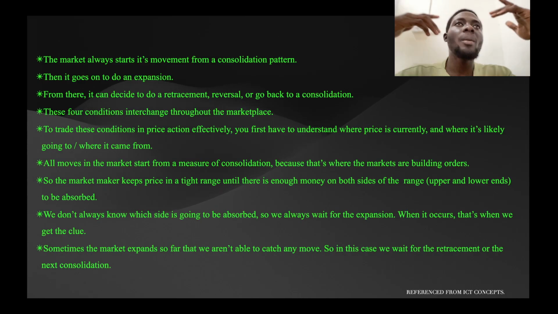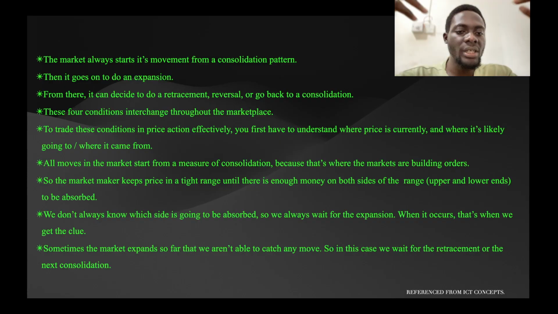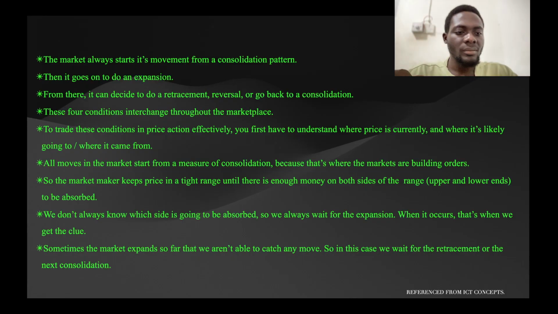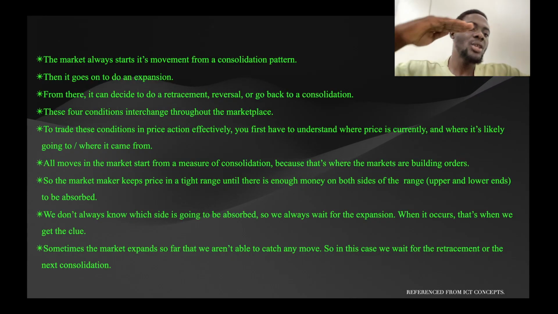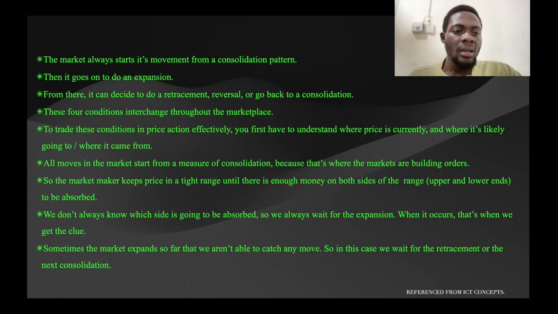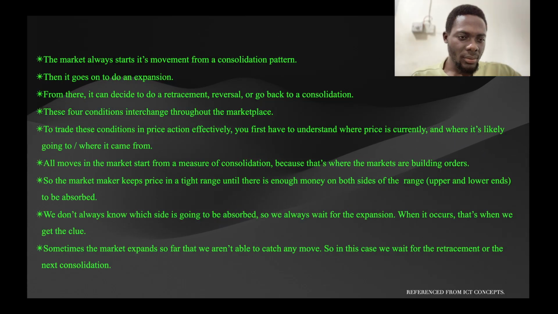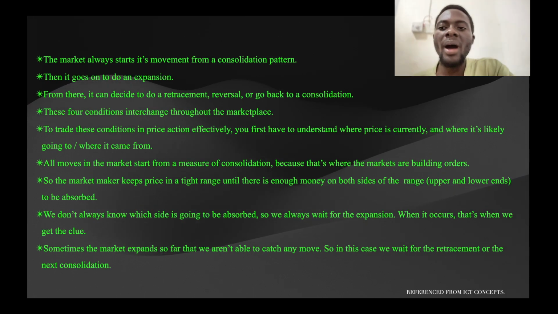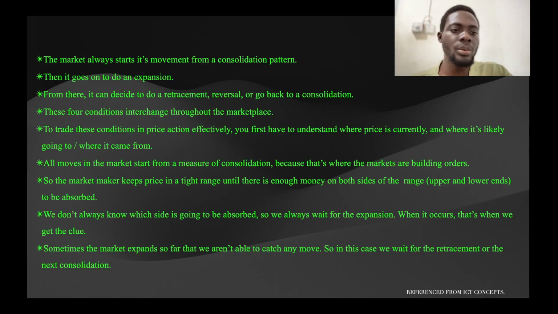At the point where the market expands from this range-bound market, it means the market makers keep price in a tight range until there is enough money on both sides of the range, upper and lower ends, to be absorbed.